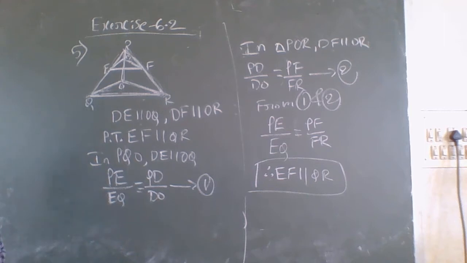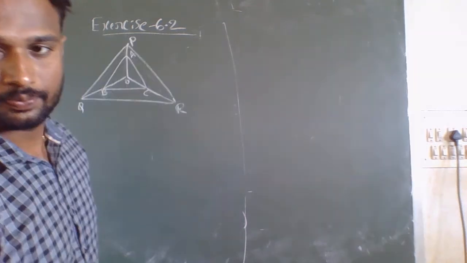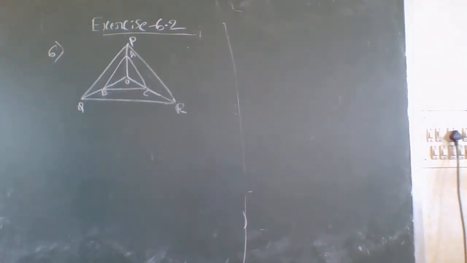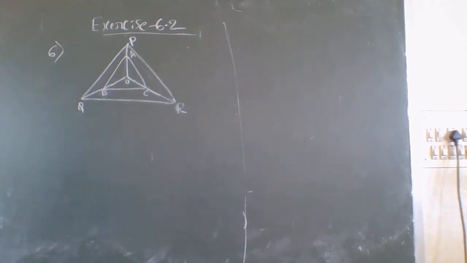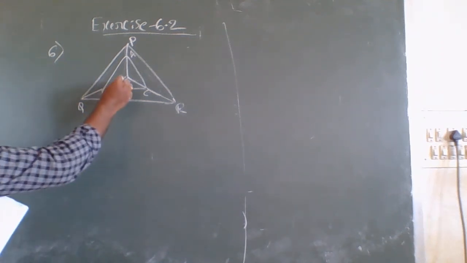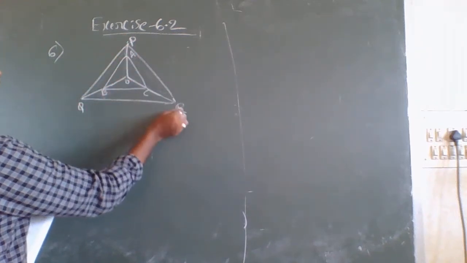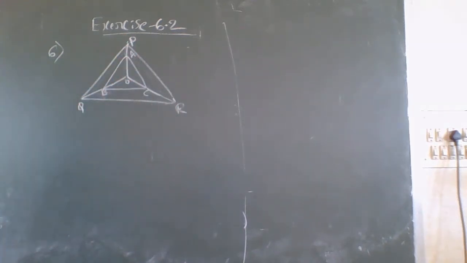Next, I will move to the sixth problem. This is the diagram given for the sixth problem. In the figure, A, B, C are points on OP, OQ and OR respectively, such that AB is parallel to PQ.